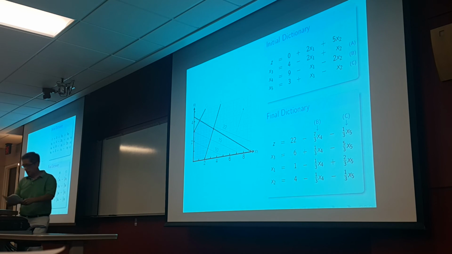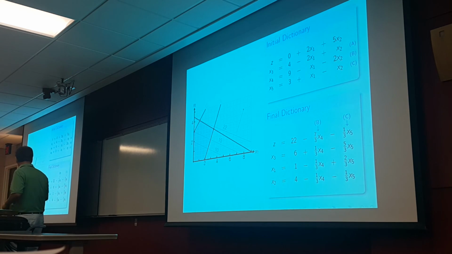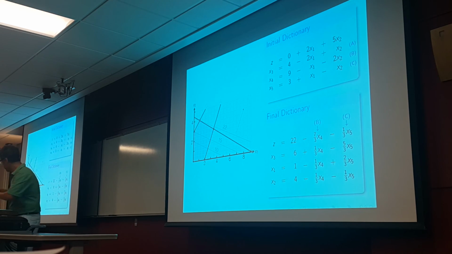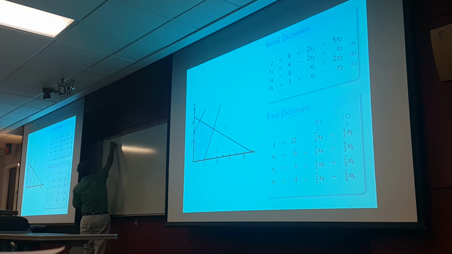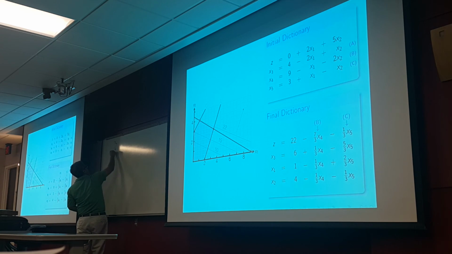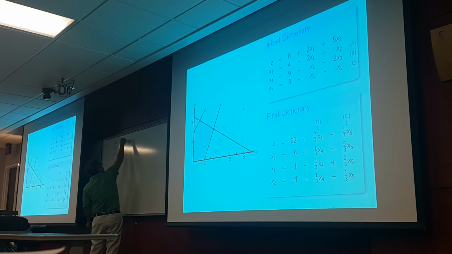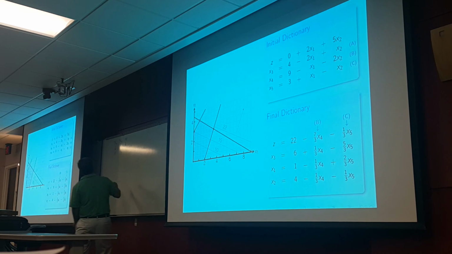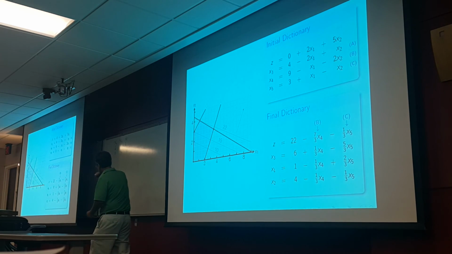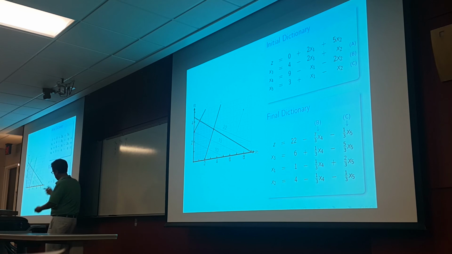So x3 is multiplied by 0, x4 is multiplied by negative 7/3, and I'm going to put 7/3 here, the negative of that. And x5, which corresponds to the third constraint, is multiplied by 1/3. Those are the multipliers that appear in the objective function.